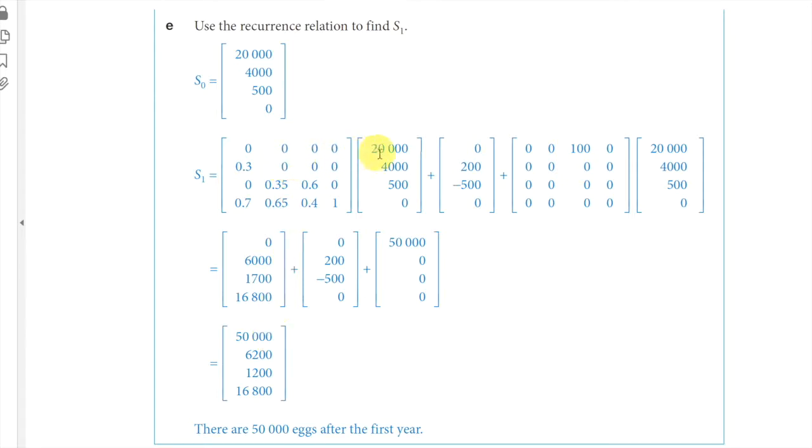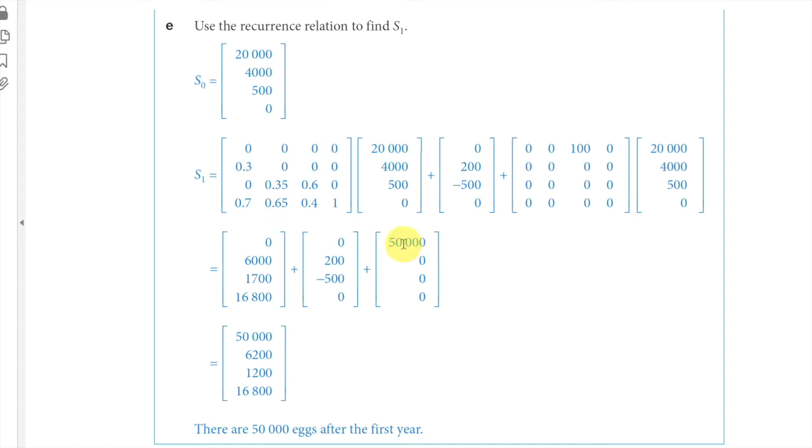You can see that this times that plus that gives us zeros for the eggs, and the 50,000 is obviously achieved by taking this 4x4 multiplied by S0. This is a 4 by 4 being multiplied by a 4 by 1 matrix. The two inners are both 4s, so the multiplication is possible. And then the values on the outside of this are a 4 and a 1, so our answer matrix will be a 4 by 1 matrix.